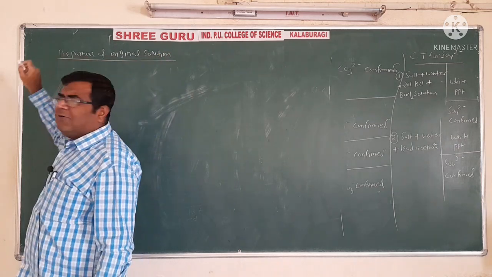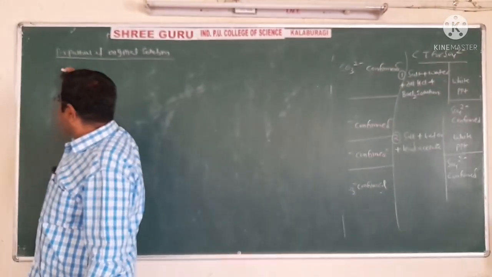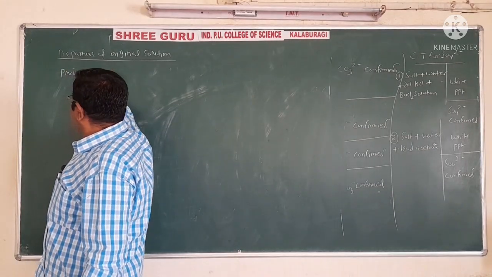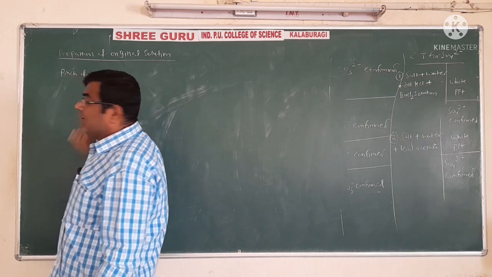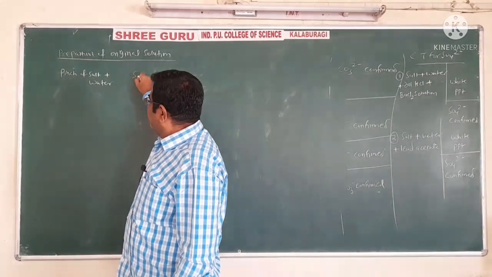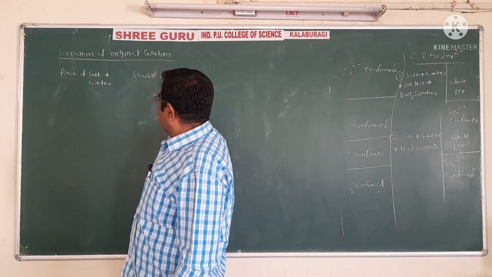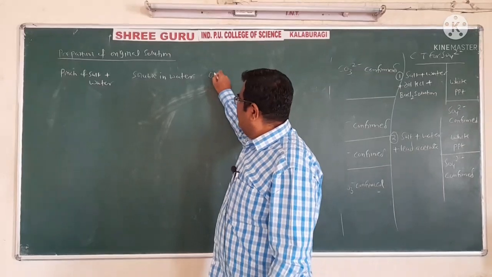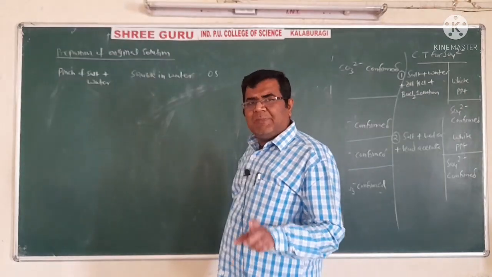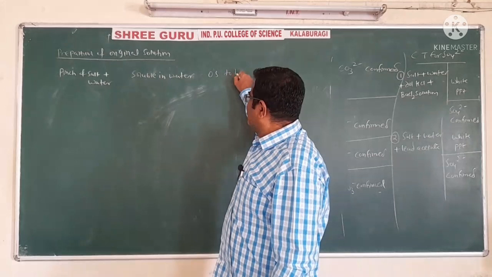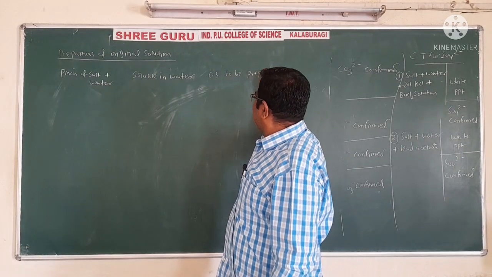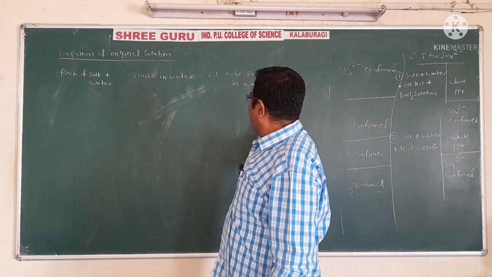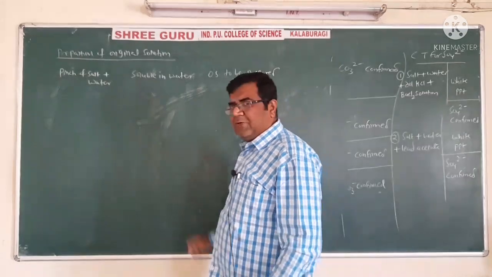Now how to prepare the original solution? We have to take a pinch of salt. Pinch means a very small amount of salt. Pinch of salt, and we have to add water to it. If it is soluble in water, it is crystalline. OAS means original solution. Remember, OAS is original solution. OAS is to be prepared in water if it is soluble in water.